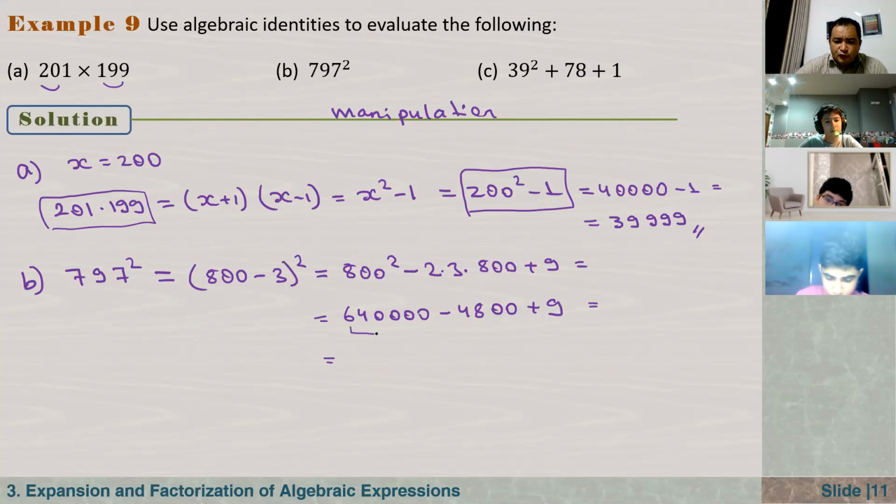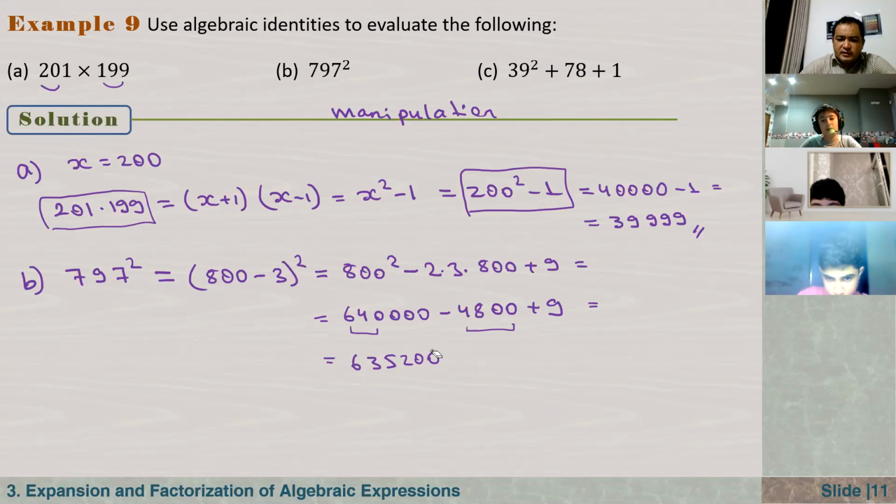And now subtracting this, what is it? 640,000 minus 4,800. That is 635,200, right? Plus 9.